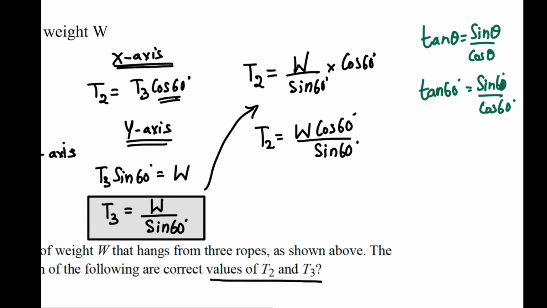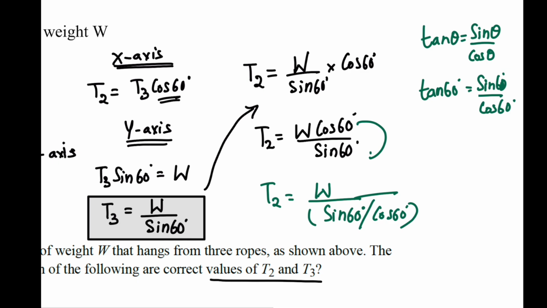There is sine 60 and then there is cosine 60. So I can write this as T2 equals W over sine 60 over cosine 60. So what I have done is I have just brought this cosine 60 down so that I can replace it by tan, which we can do mathematically.